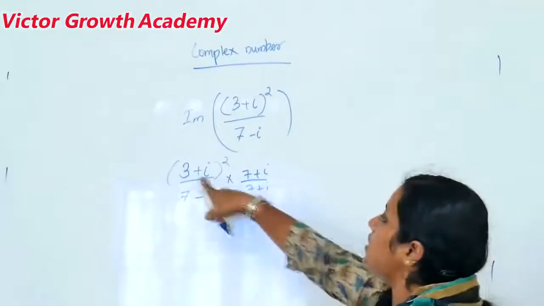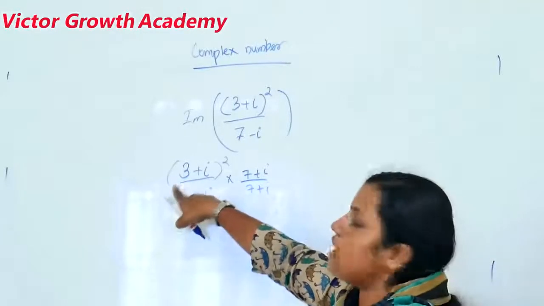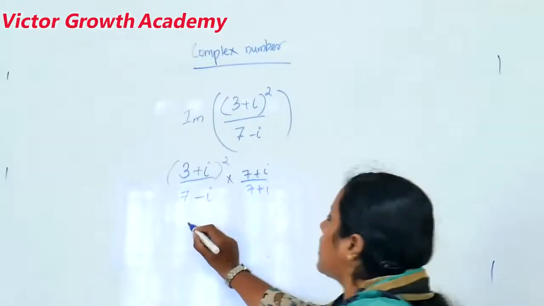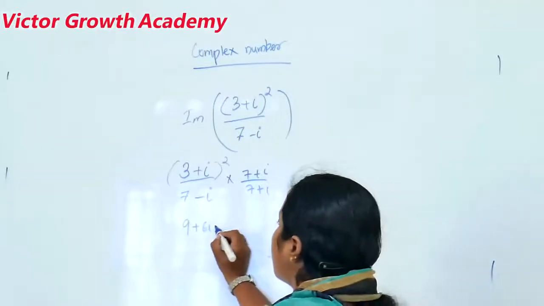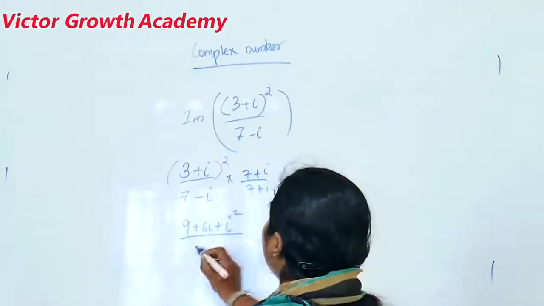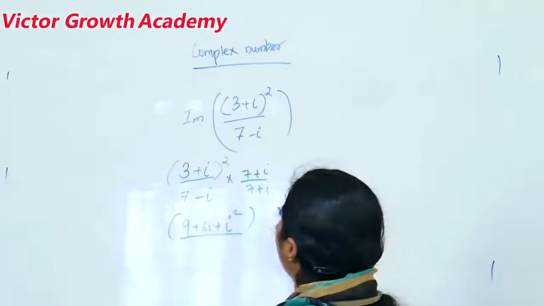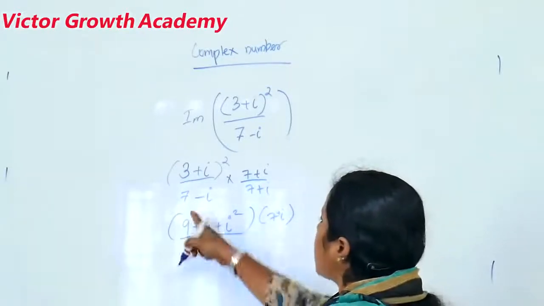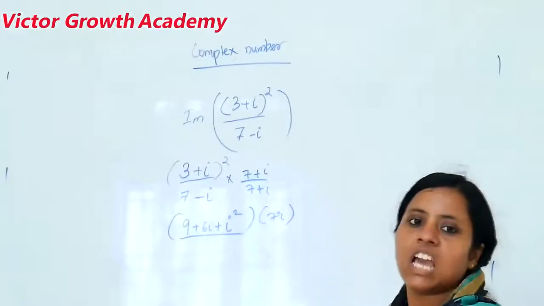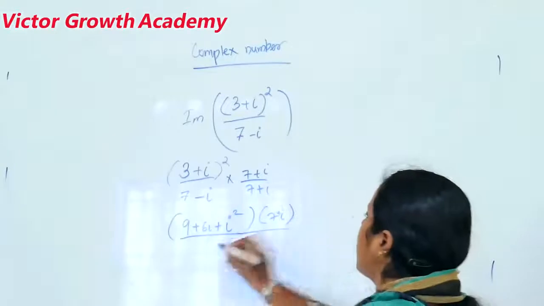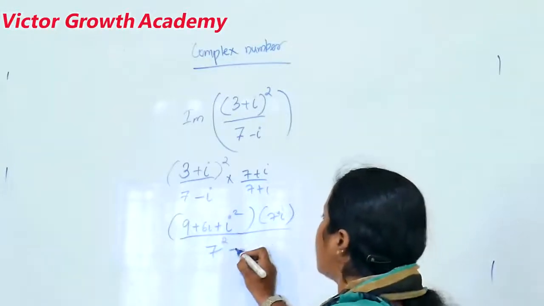Then what will happen? Opening the bracket, a plus b the whole square is a square plus 2ab plus b square, that is 9 plus 6i plus i square. Here we will have 7 plus i. Here 7 plus i into 7 minus i, that is a plus b into a minus b, that is a square minus b square, that is 7 square minus i square.